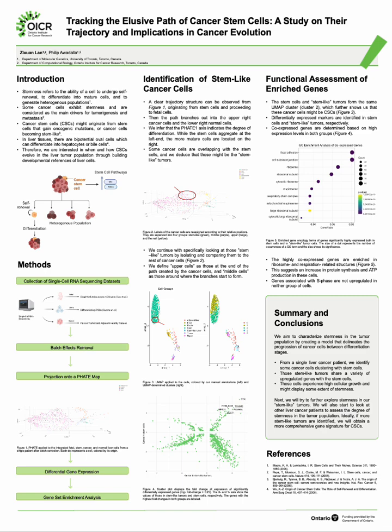Next, we will try to further explore stemness in our stem-like tumors. We will also start to look at other liver cancer patients to identify more stem-like tumor cells and to obtain a more comprehensive gene signature for cancer stem cells.